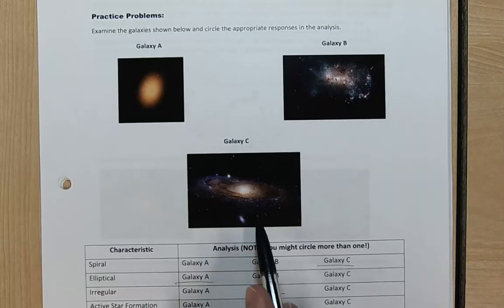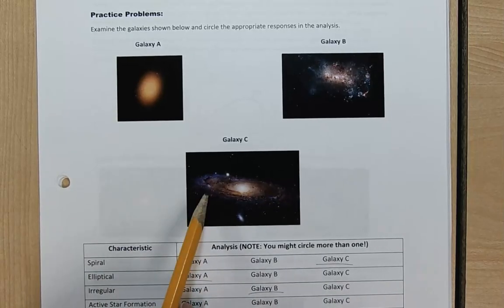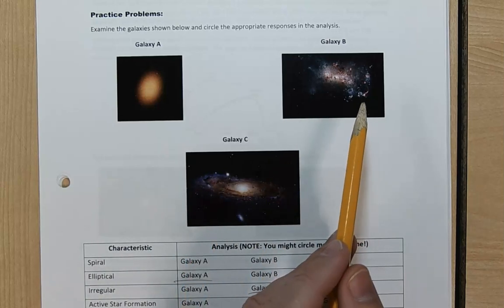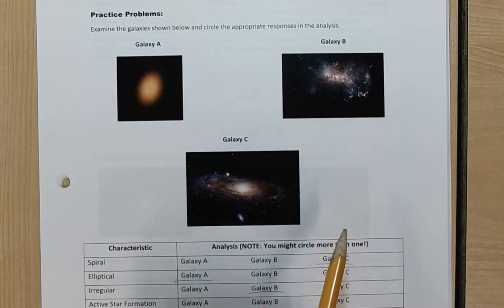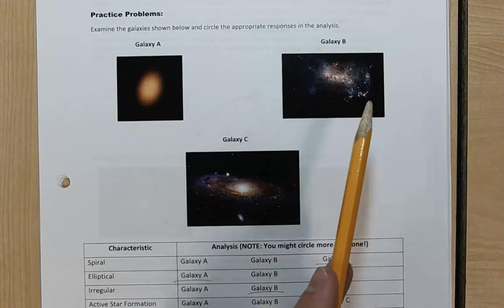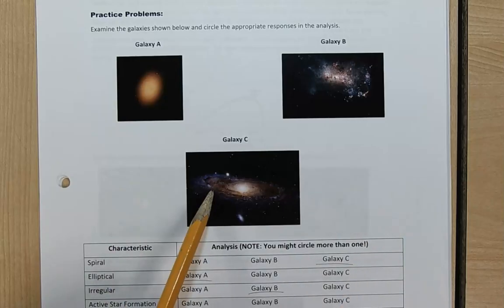There's star formation happening in the spiral galaxy. There's star formation happening in the irregular galaxy. One of the telltale signs of an irregular galaxy is that where the stars and the dust are doesn't always line up nicely with where the star formation is happening. In a spiral galaxy, it's all happening in the disk.